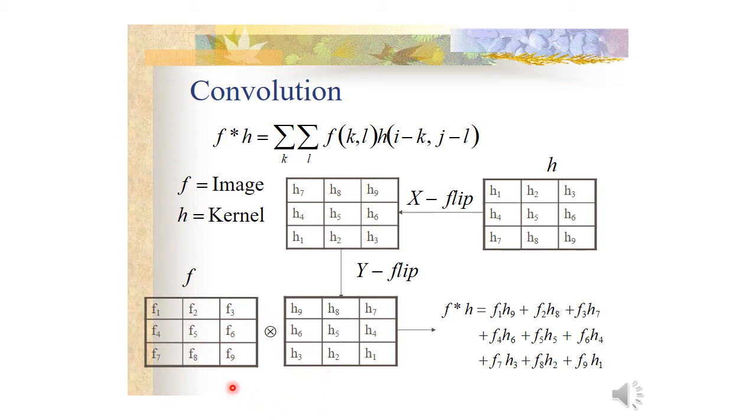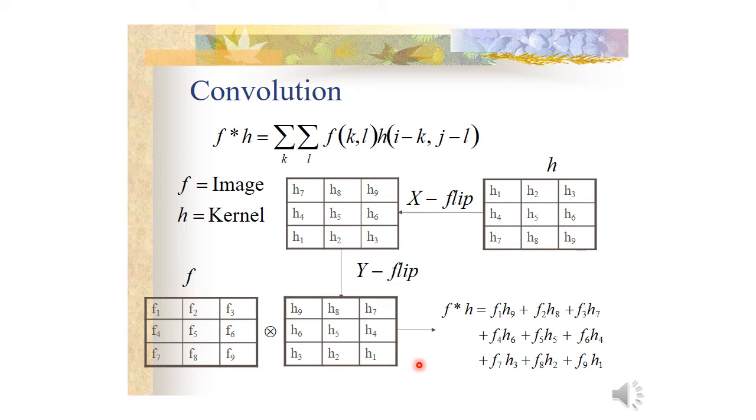This final kernel is going to be multiplied with these functional values, which are actual values from the pixels of the image, and when we multiply it we are going to have f into h. But as we have flipped our kernel, this is now called convolution, not correlation.